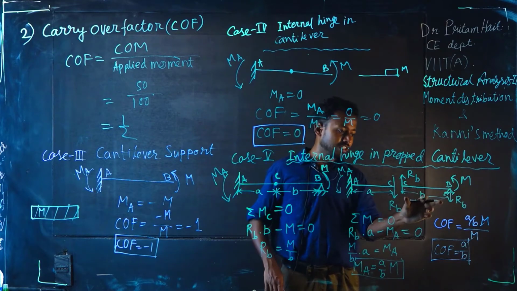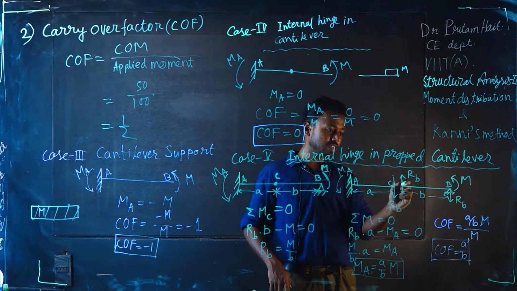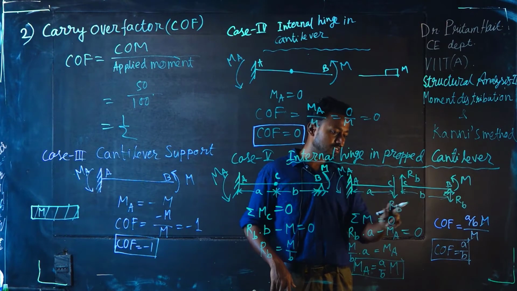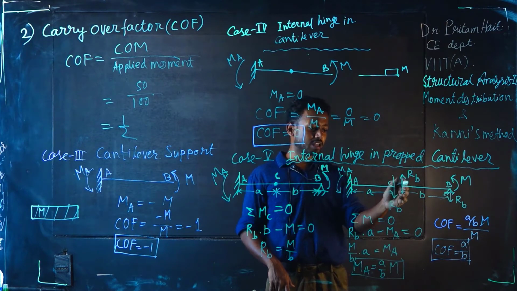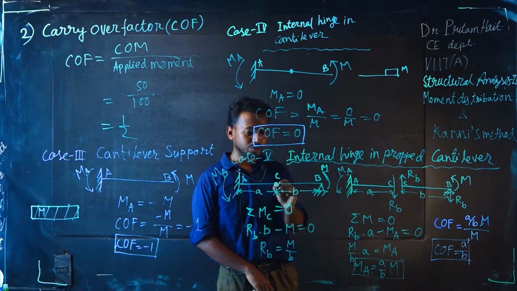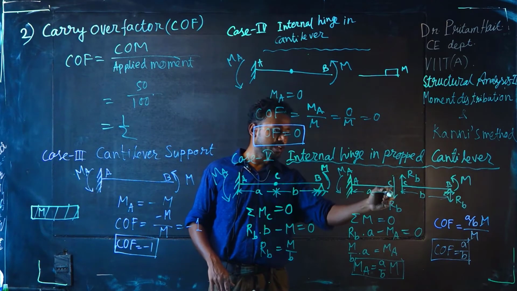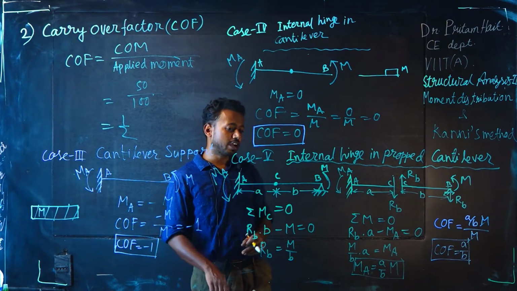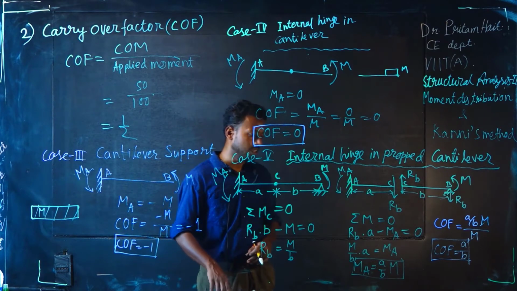If in this portion RB is in the downward direction, then at point C the same amount of reaction but in the opposite direction should be there, that is RB in the upward direction. If at point C RB is acting upward, then here also, due to this hinge point, the same shear force will be acting in the downward direction. So this is the free body diagram of this prop cantilever beam.